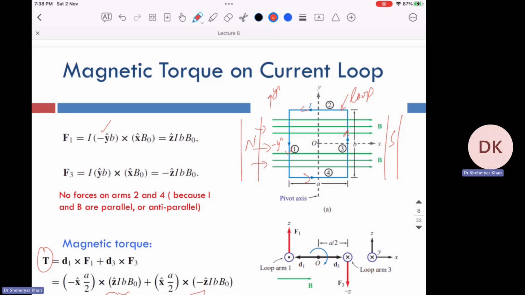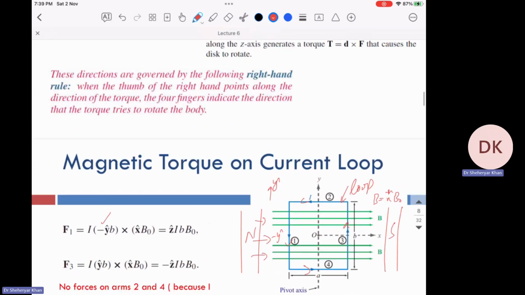Cross, what is the B? B is, of course, along the x-axis, B naught. So y cross x is z, and minus plus z. So you can derive.